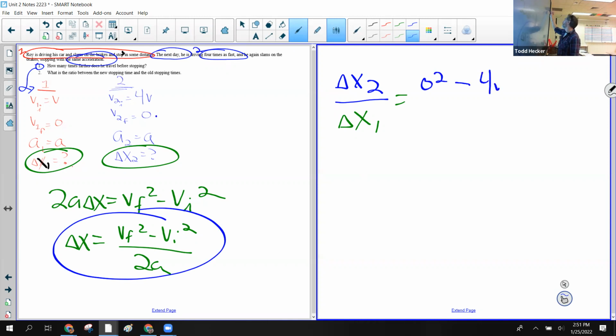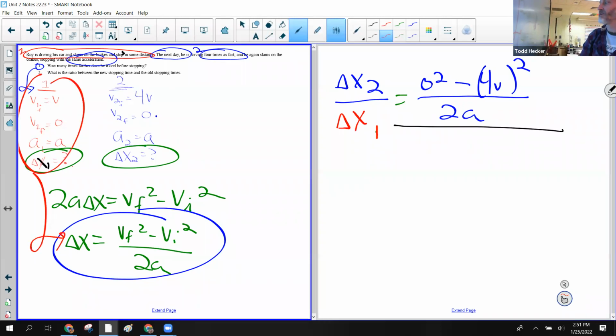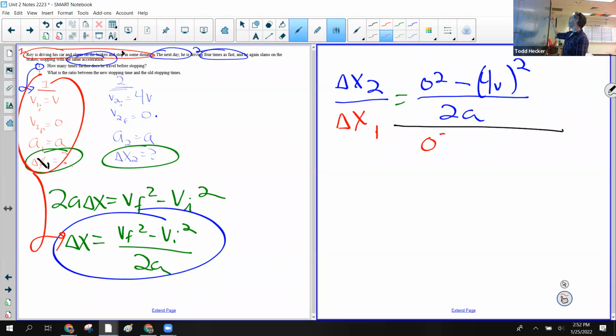So I'm going to do 4V squared all over 2a, over the same thing on day 1. Oh shoot, that was supposed to be in red, wasn't it? So now I'm going to take all of this stuff and plug it into this equation. So on day 1, I have 0 squared minus v squared all over 2a, right?